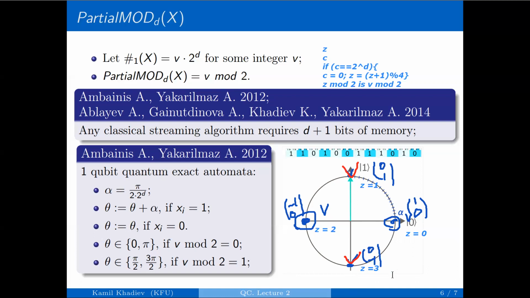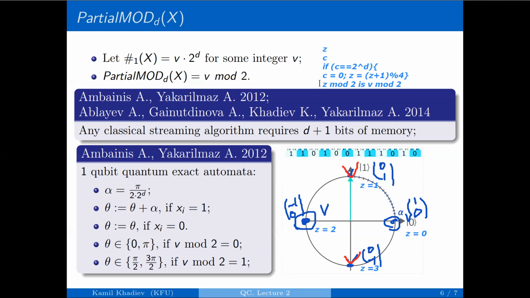And we can recognize whether z is odd or even, because for these two points we have 1, 0 and minus 1, 0 coordinates, and here 0, 1 and 0, minus 1.